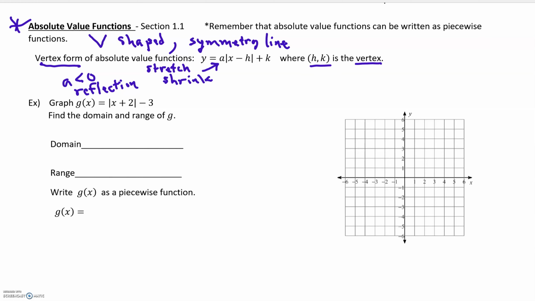So as we said, the a controls the slope of the sides of our absolute value. The h is our horizontal translation.